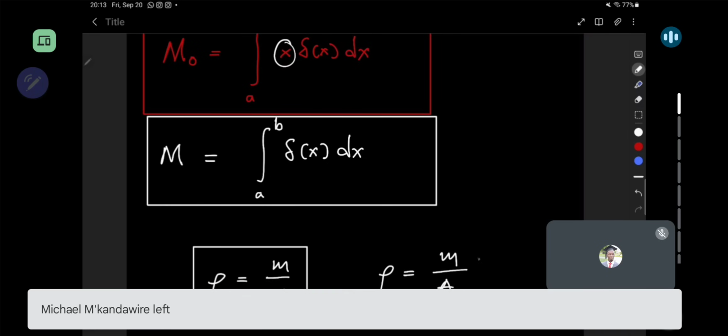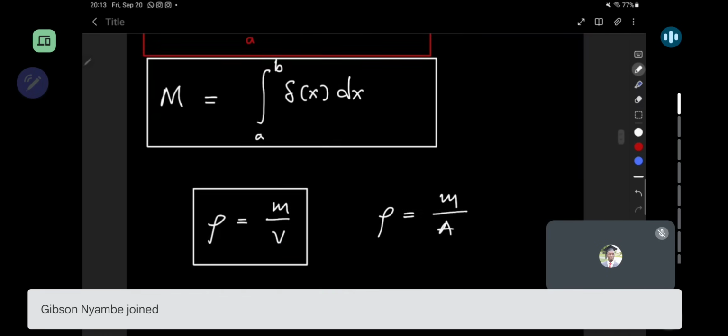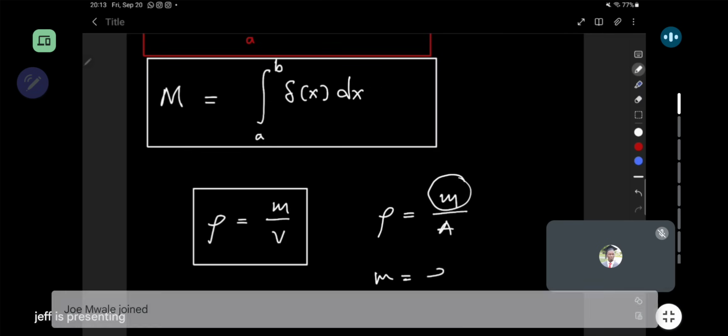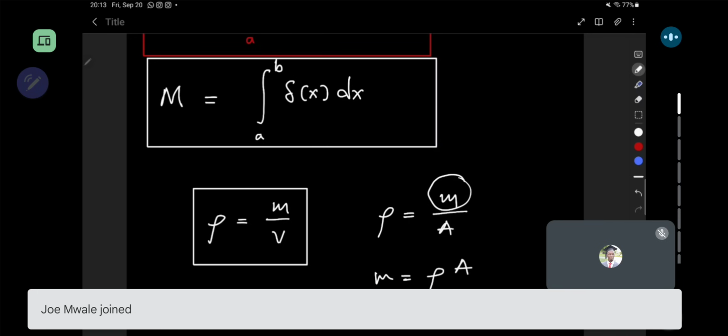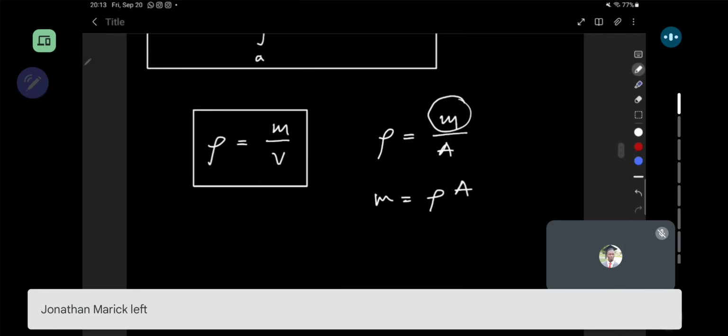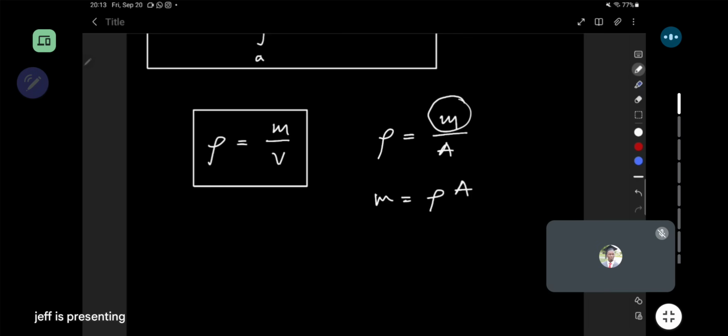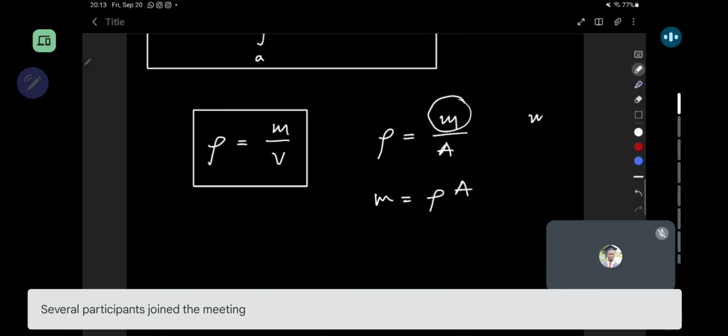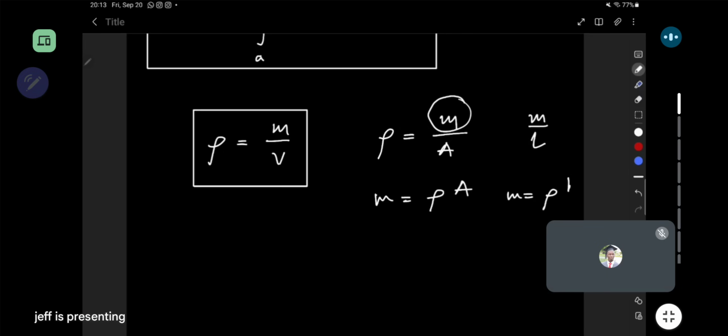And in this case, to get the mass, mass is equal to density multiplying the area. If you're looking at a length density, that is going to be mass over the length you're dealing with. Then mass is equal to the density times the length.